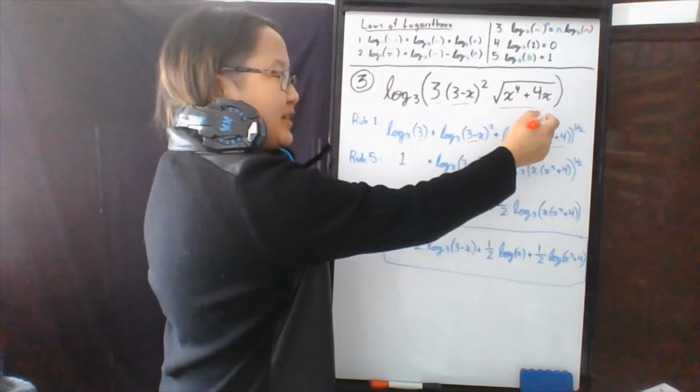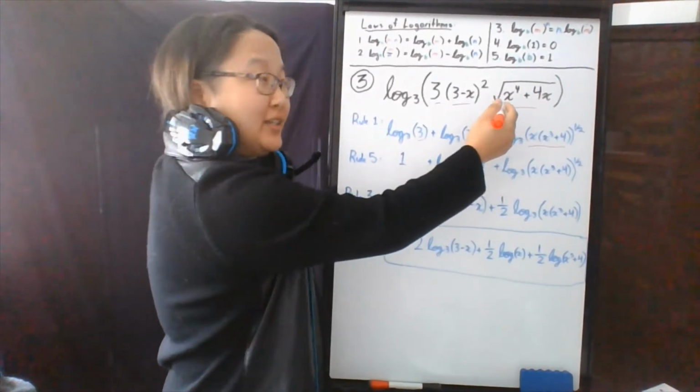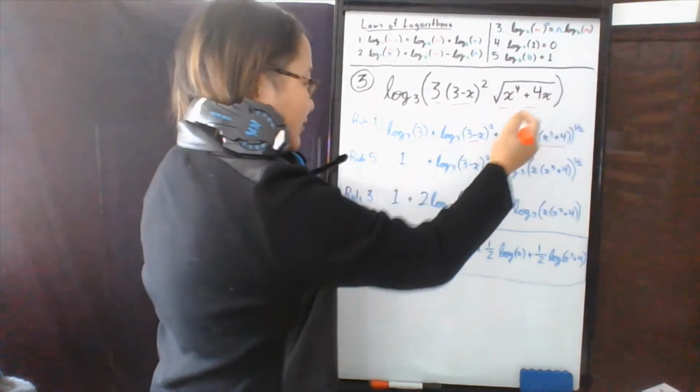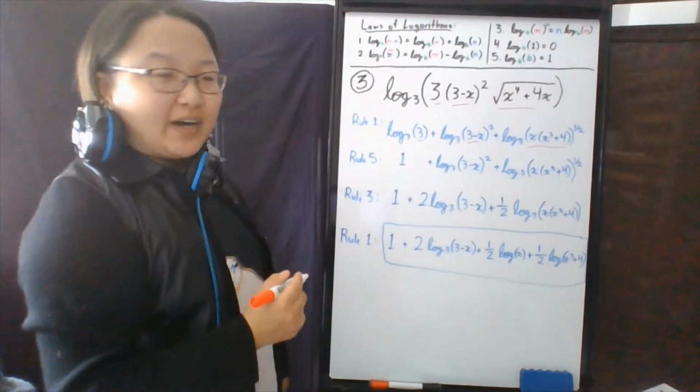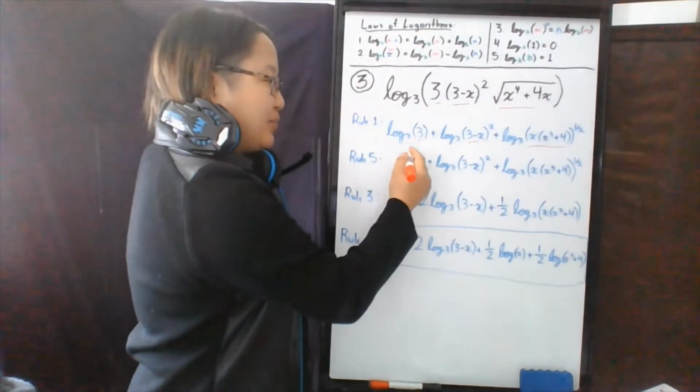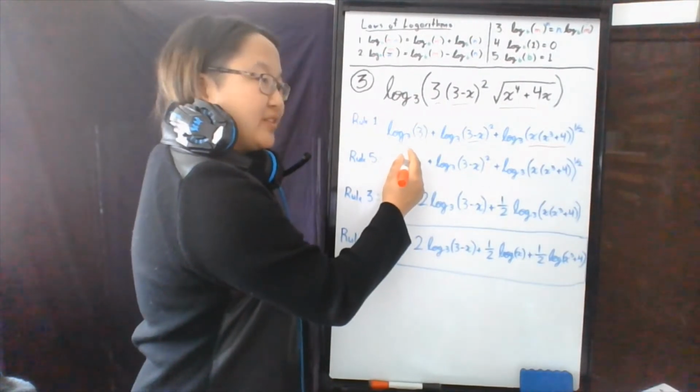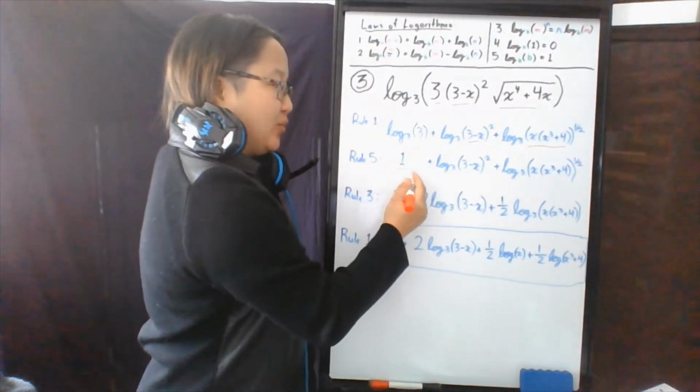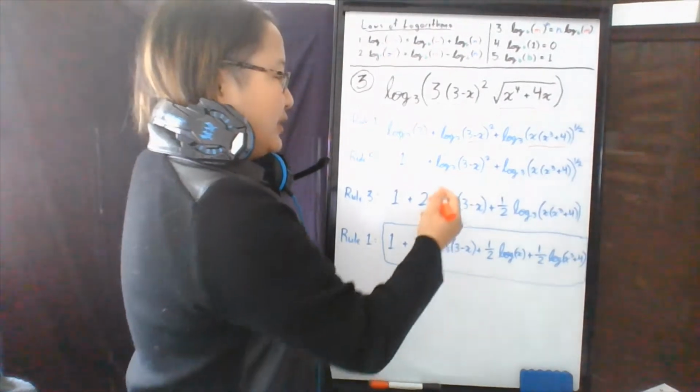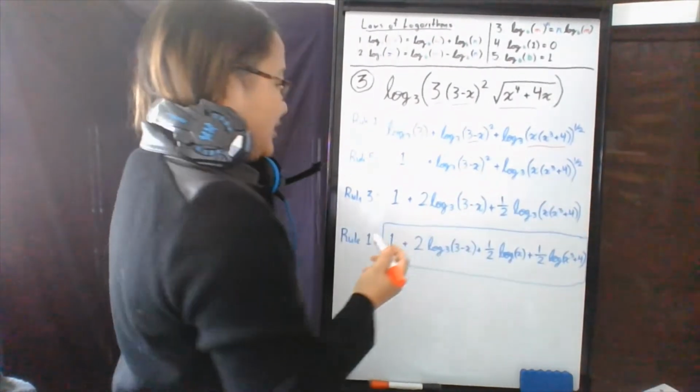You'll notice that in this step, I factored out 1x from this function on the inside here. Now, with rule 5, remember it's log b of b is 1, so log 3 of 3 is also 1. And then the rest of it stays the same.